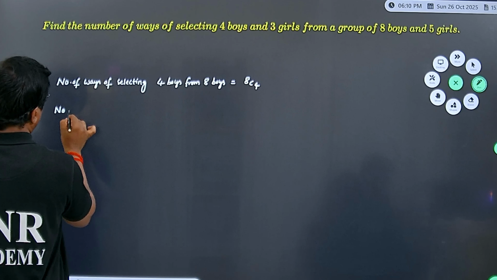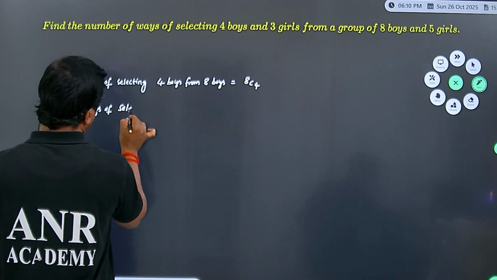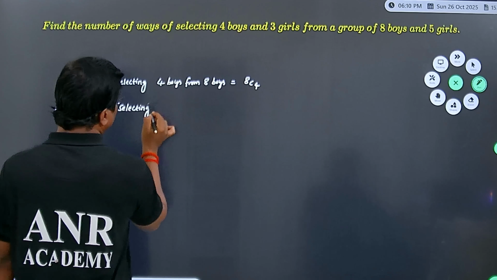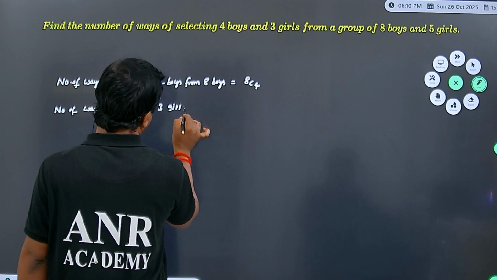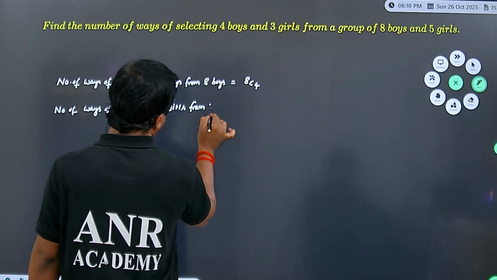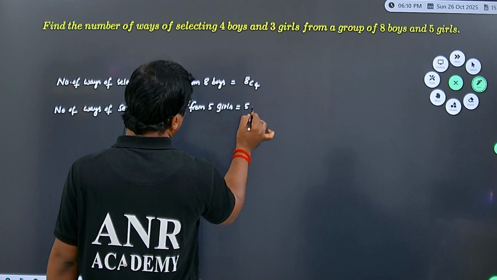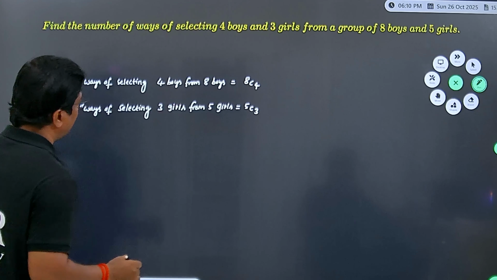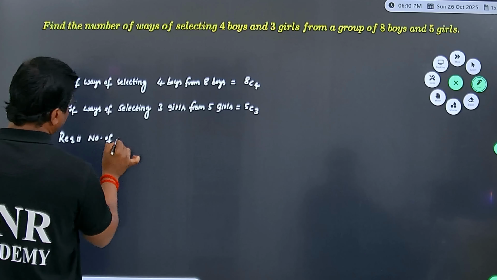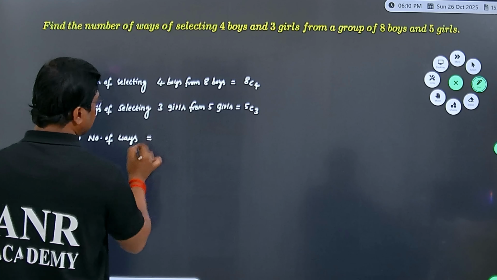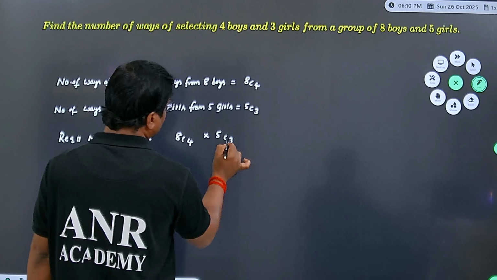Next, number of ways of selecting 3 girls from 5 girls, that is equal to 5C3. Now, required number of ways, both boys and girls, that is 8C4 into 5C3.